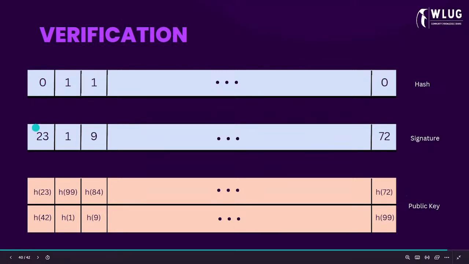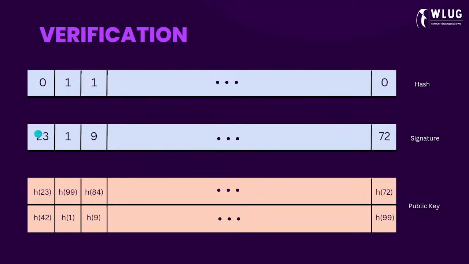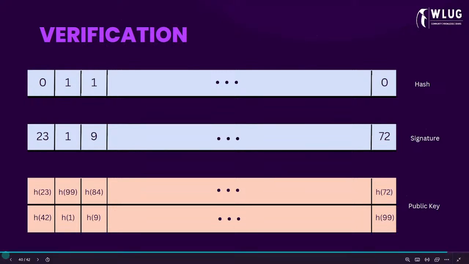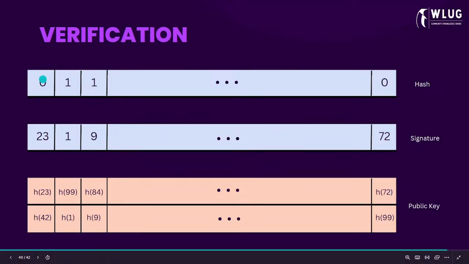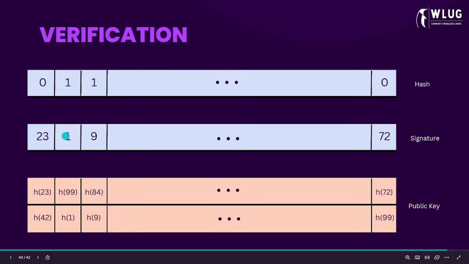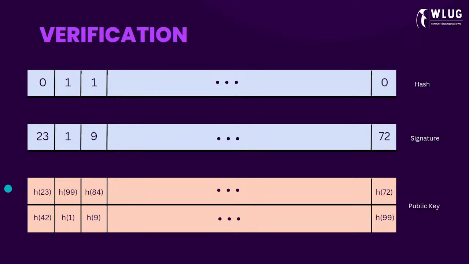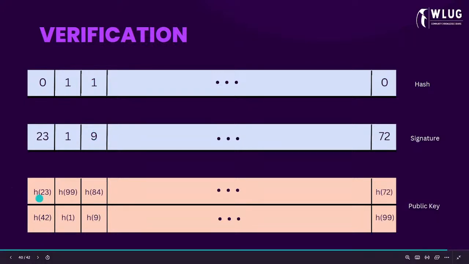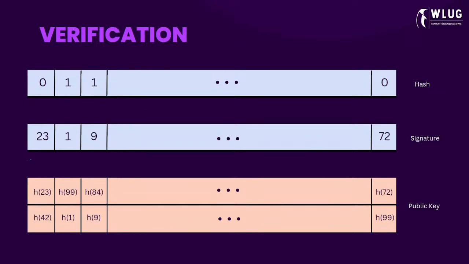We hash each number in the signature, so we first calculate the hash of 23, and in the public key we perform the same process. If it is 0, choose the top one, and the top one is 23, hash of 23 and 23 match. The second number is 1, so hash of 1 and hash of 1 match. Again 1, so hash of 9 and hash of 9 match. Like that, because everything matches, we can verify easily that this message has not been tampered with. That is the entire algorithm.